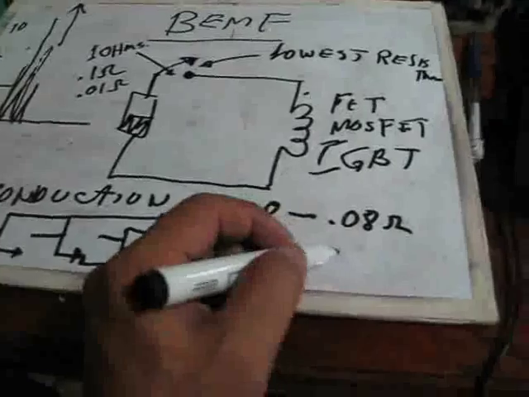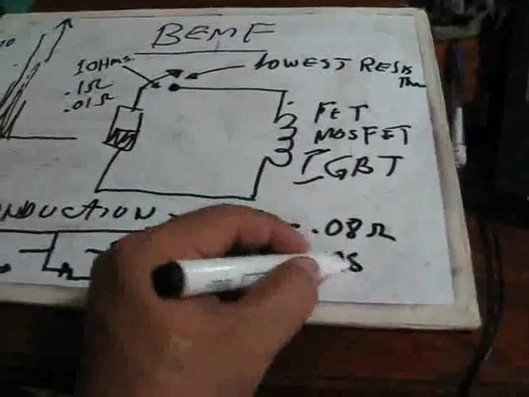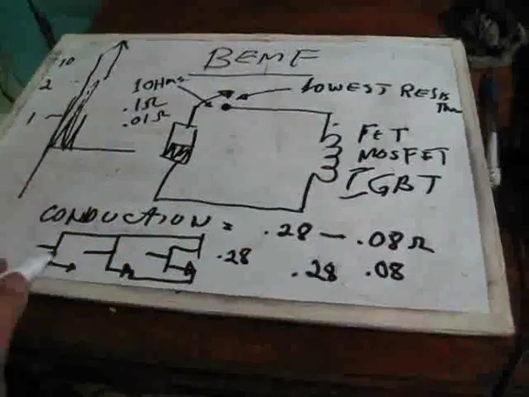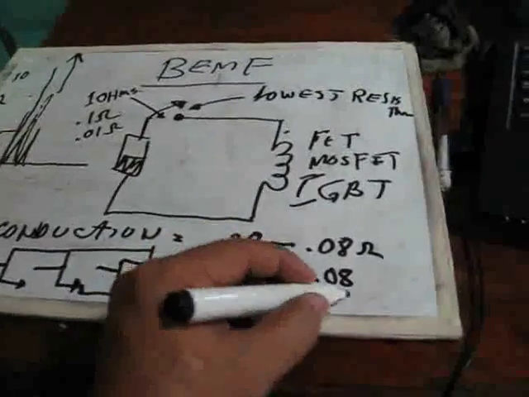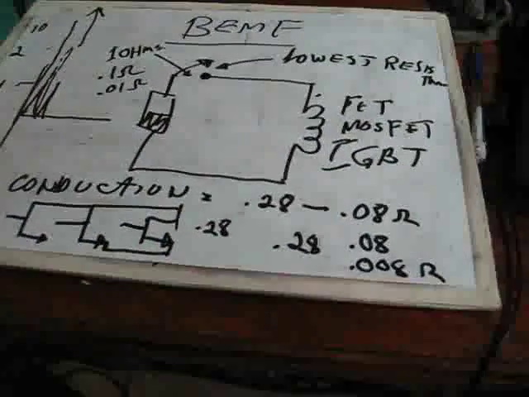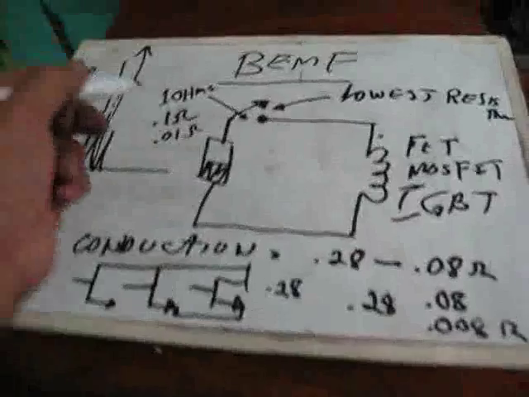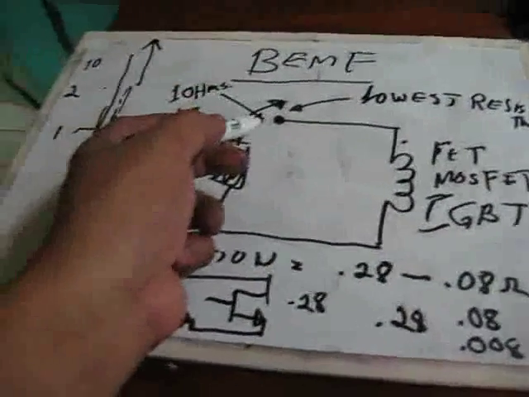But if you use 0.08, then it will become 0.008 ohms. So that's the technique of making the lowest resistance of this.